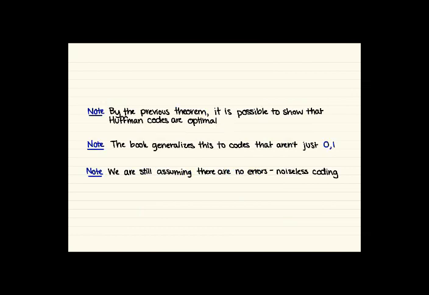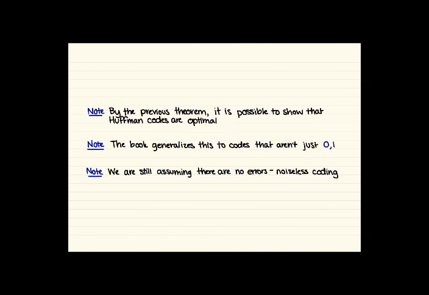And remember here, we are still assuming that there are no errors, so we're only talking about noiseless coding here. So noiseless coding means we're assuming there are no errors. So everything is being transmitted perfectly, and we're trying to compress data or encode things in the most efficient way possible, which we can do with Huffman codes.